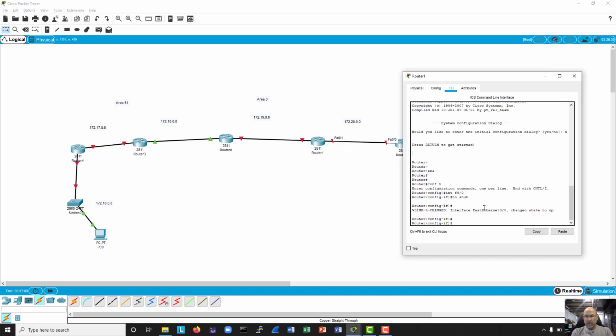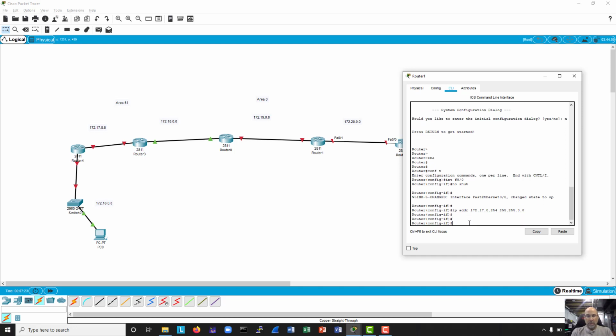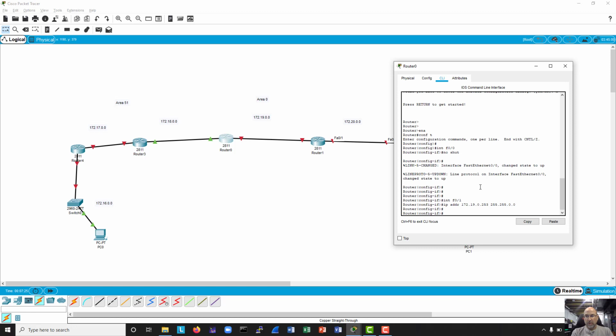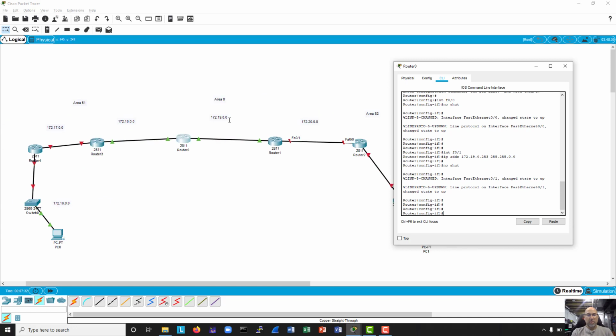Maybe I just didn't bring it up on the other side. Anyway, IP address 172.19.0.254, if I'm remembering my convention properly. And we did a no shut, so I don't know if I did my no shut over here. There we go. Okay, so I'm sitting right here, on router 0, right?